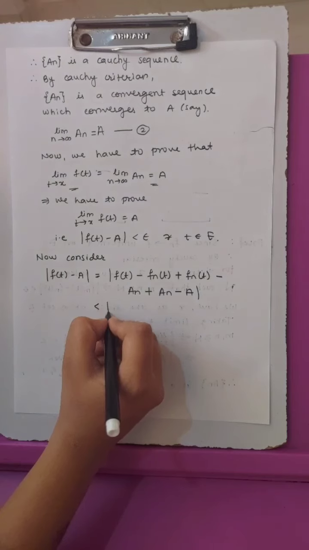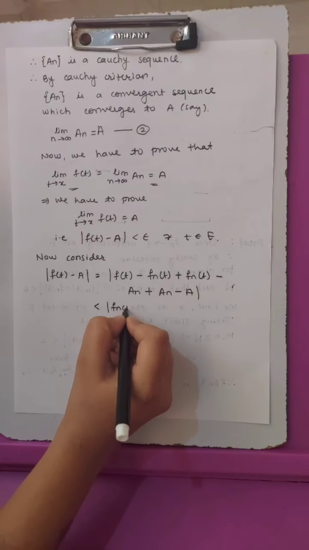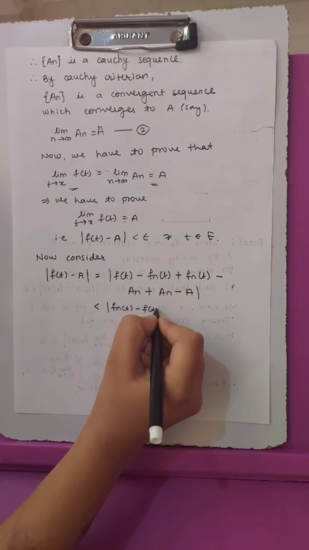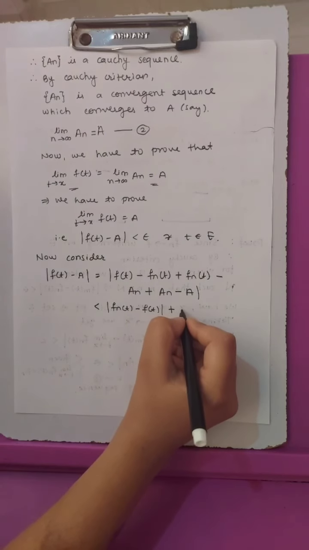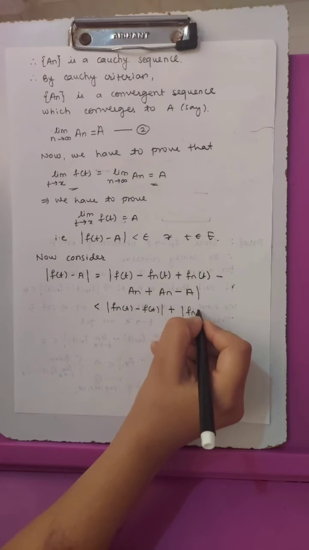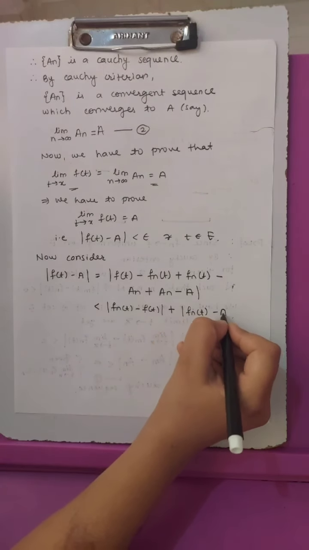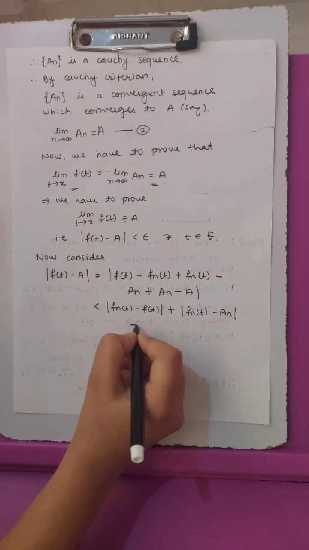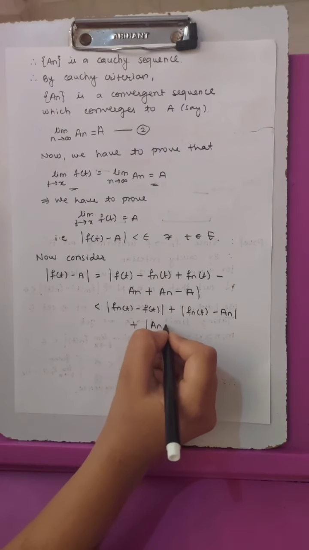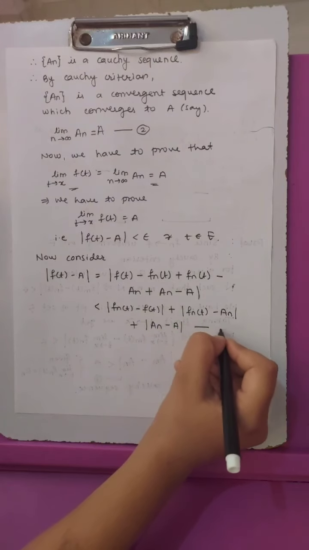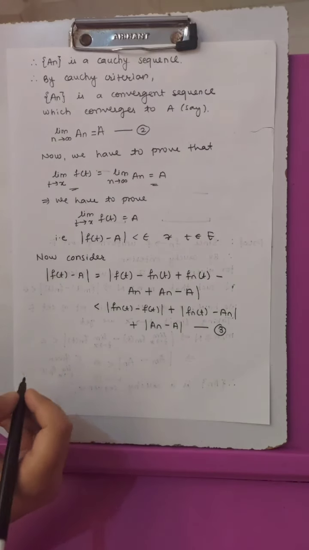So this will be less than mod of fn of t minus f of t plus mod of fn of t minus An plus mod of An minus A. Let this be number 3.